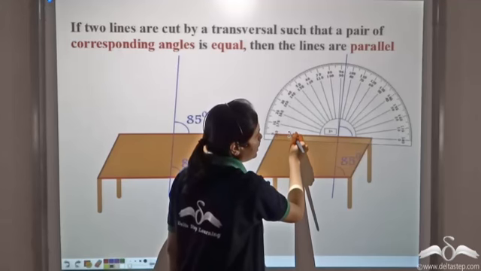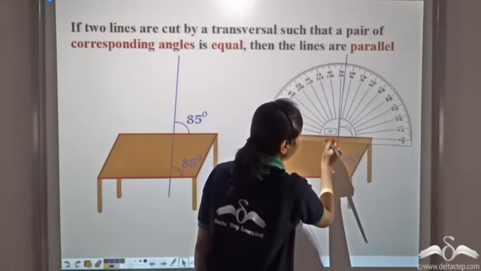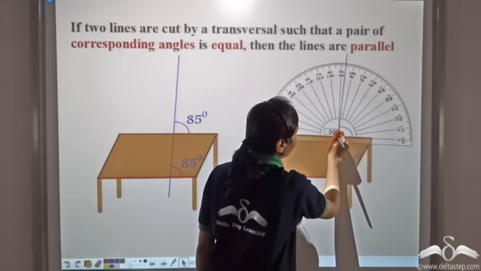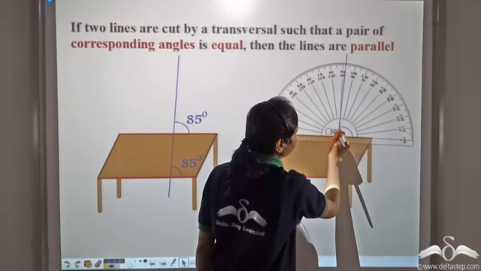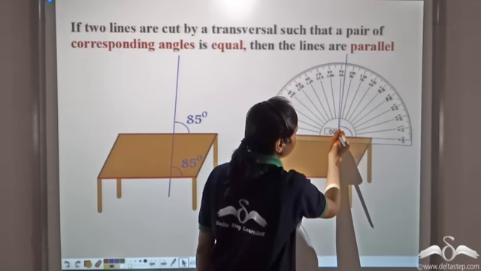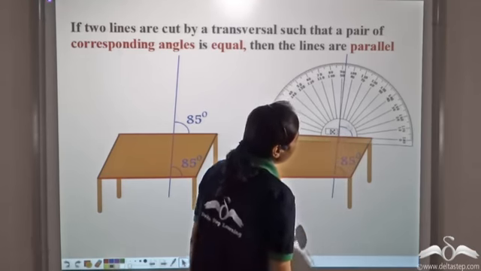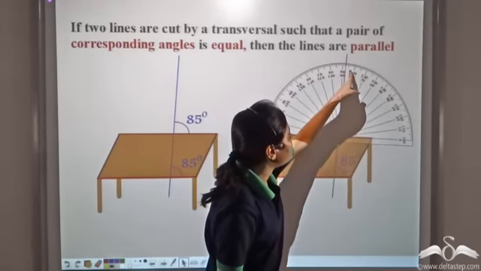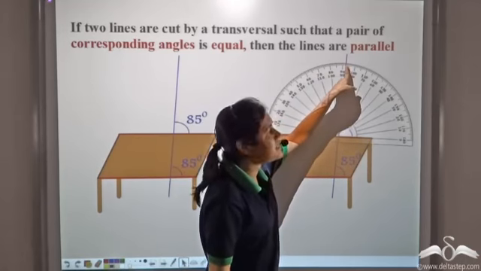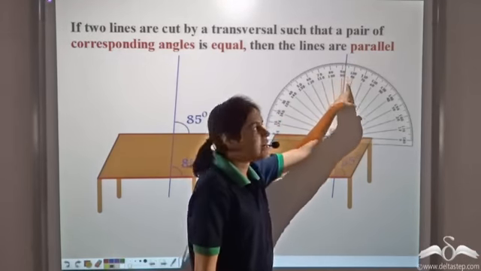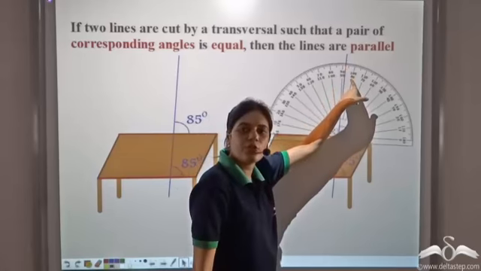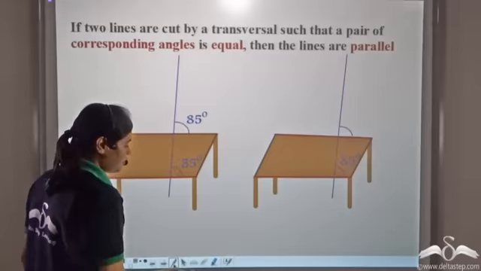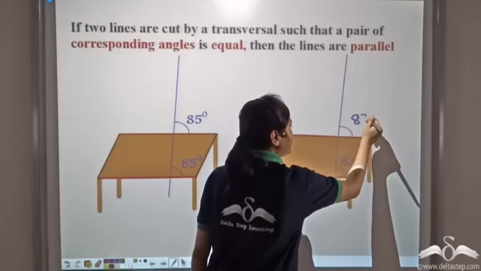So, let's make it straight. We see that this angle is 85, 86, 87 degrees. It coincides with the 87 degree mark on the protractor. So we can say that this angle is 87 degrees.